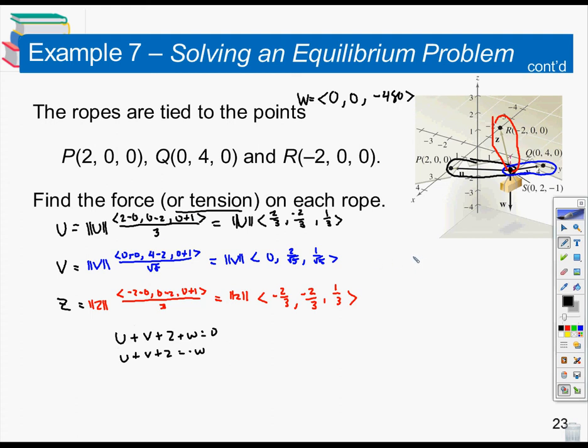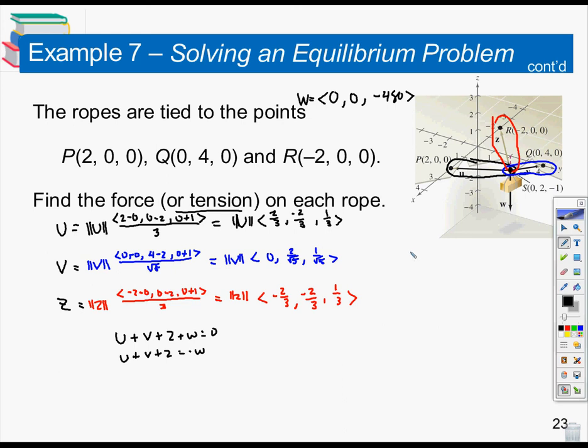What we did in the last one is we said, okay, well, if all of these things have to combine to equal W, well, that means that when I add all of these first terms together, they should equal 0. When I add all the second terms together, they should equal 0. And when I add all the third terms together, they should equal negative 480. Well, because that's the way that we add vectors together. We add their first terms, their second terms, and their third terms, and that gives us the resultant.